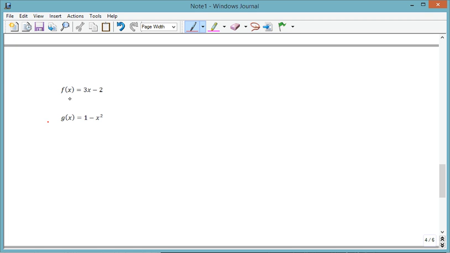And this one is g. So this function is g, this function is f. We can name them whatever we want. Most commonly, it's going to be f, or letters from the middle of the alphabet.